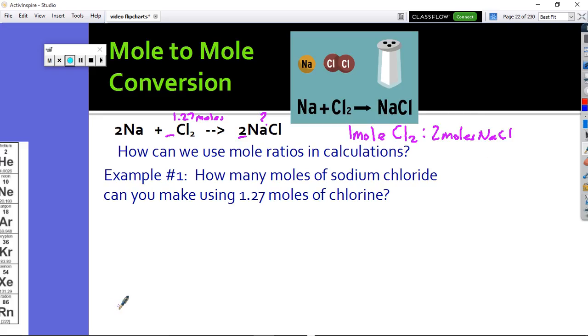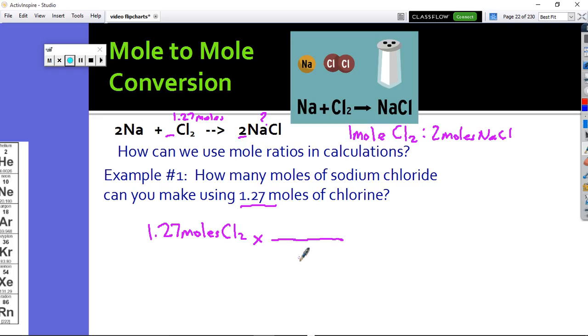Now let's get started with the calculation. We always start with a given, and our given is the 1.27 moles of chlorine. After the given, we're going to have our conversion factor, or in the future, maybe more than 1. Now at this point, we want our units to cancel. So whatever this unit is, it's got to go to the bottom of the next section so that it can cancel.